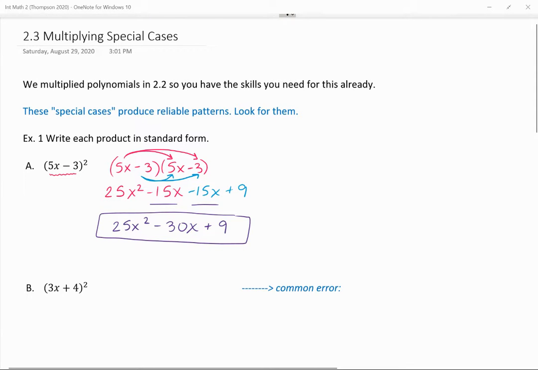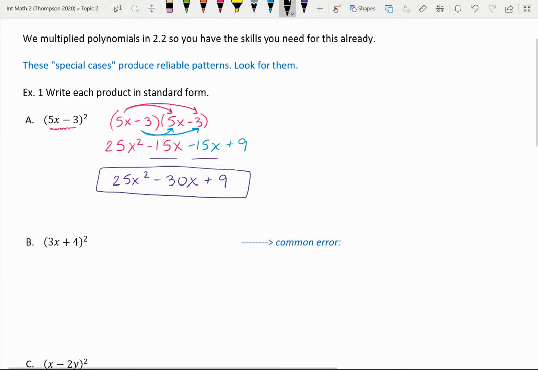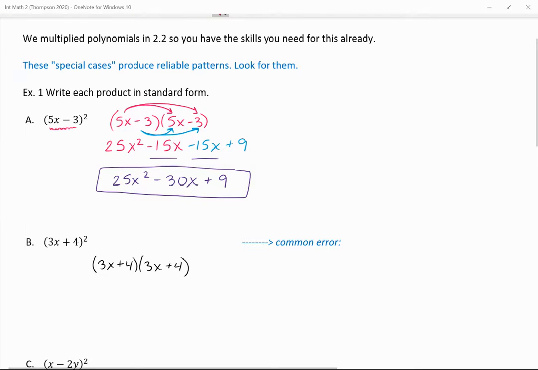Okay. Problem B, much the same. So I'm going to write it twice, always. I have this expression squared. Whenever I have something squared, that just means multiply by itself.